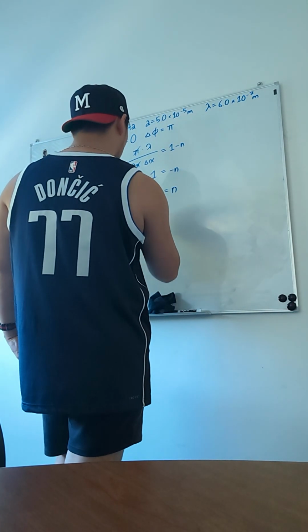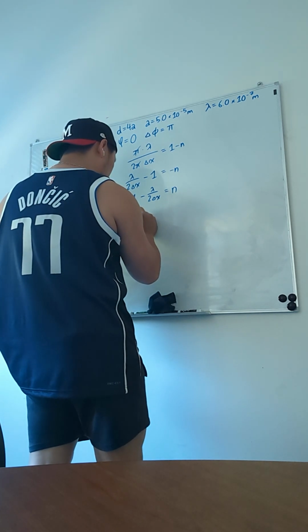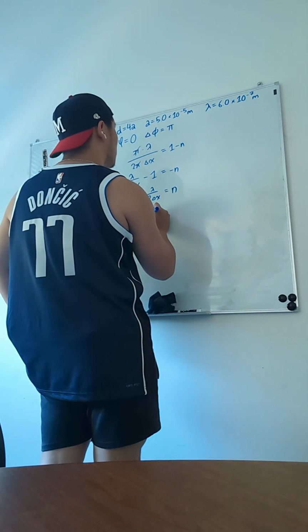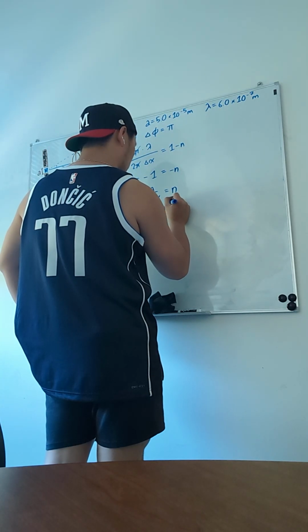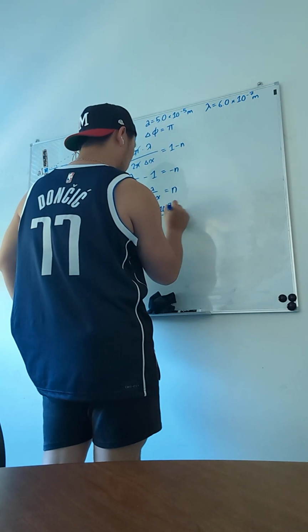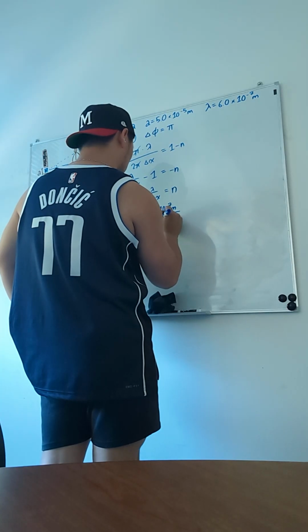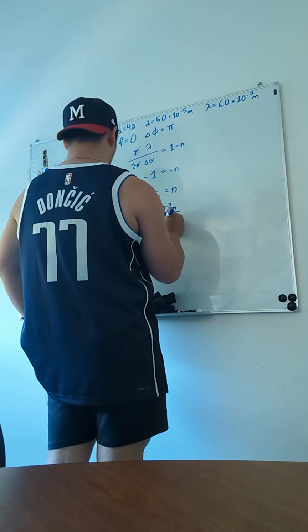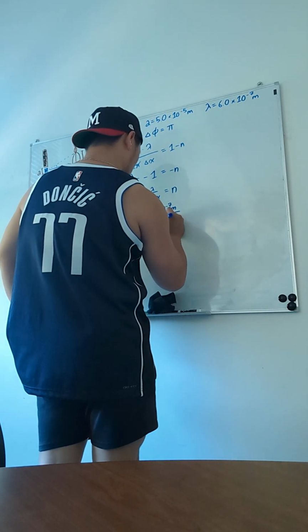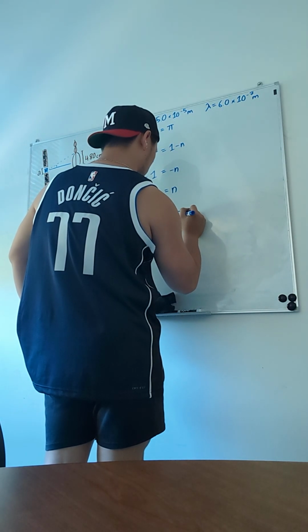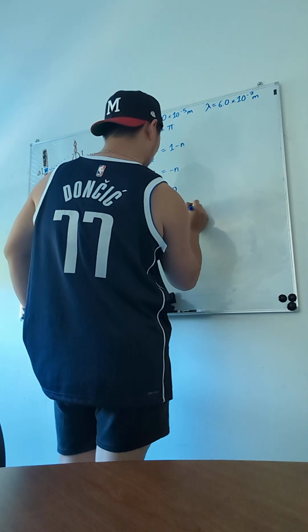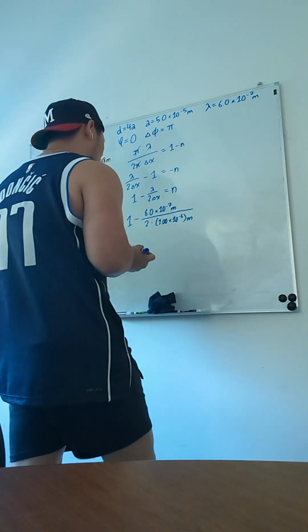Now let's plug in our numbers. We know it's 1 minus lambda, which is 6.0 times 10 to the negative 7th meters, over 2 times 1.00 times 10 to the negative... oh, well, that's just 1 micrometer, is equal to n.